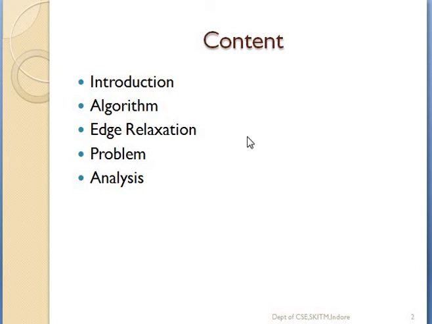Next I will be discussing what edge relaxation is, to make clear how we are using the algorithm. We will understand it with one example, and after that I will be discussing the analysis of the single source shortest path algorithm.